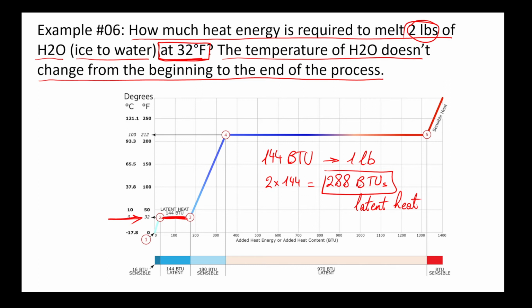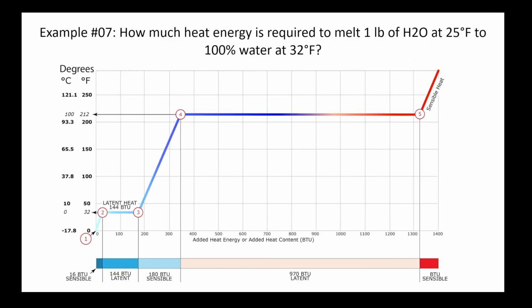Okay, so question number 7. How much heat energy is required to melt 1 pound of H2O at 25 degrees Fahrenheit to 100% water at 32 degrees Fahrenheit? We're going to try and see where those temperatures are.